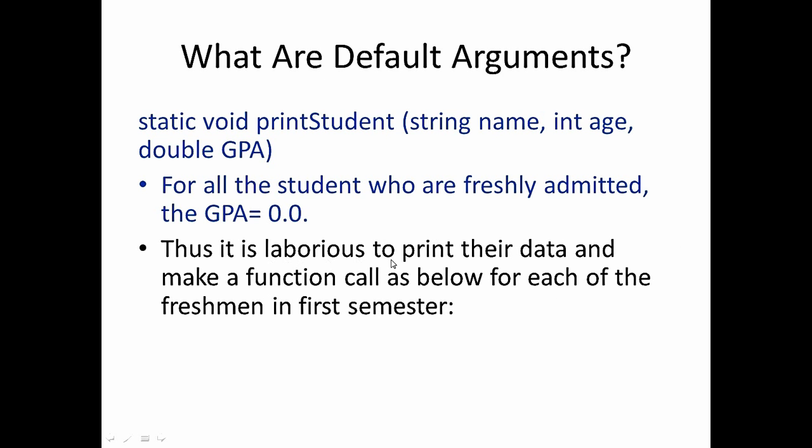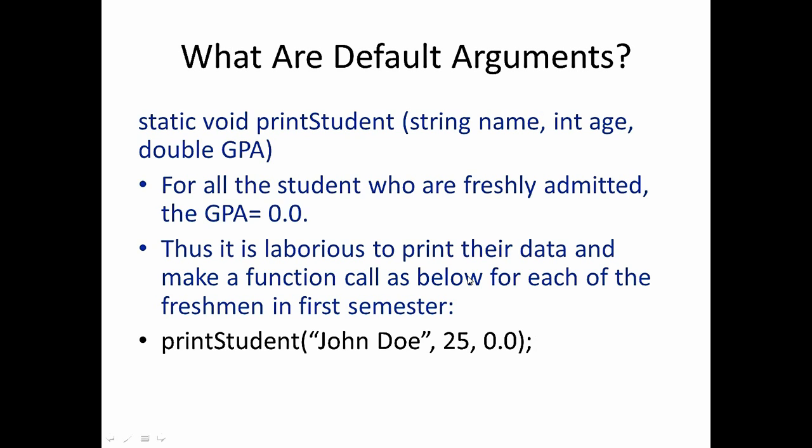It would be laborious to print their data and make a method call as below for each of the freshmen in the first semester. Of course, I have to provide the name, age, and GPA, so name has got to match with this one, age has got to match with this one, and GPA has got to match with this one.